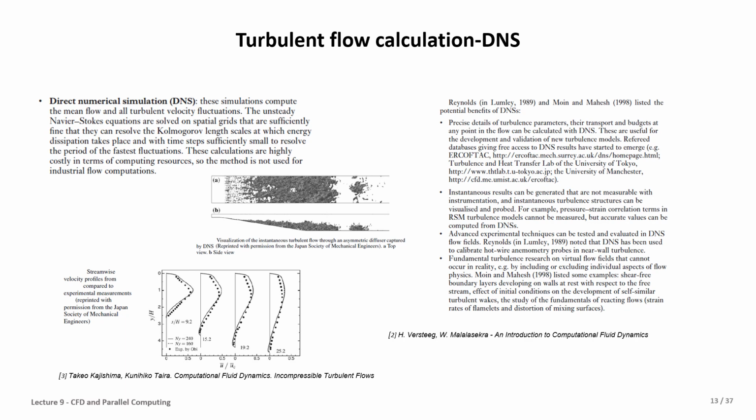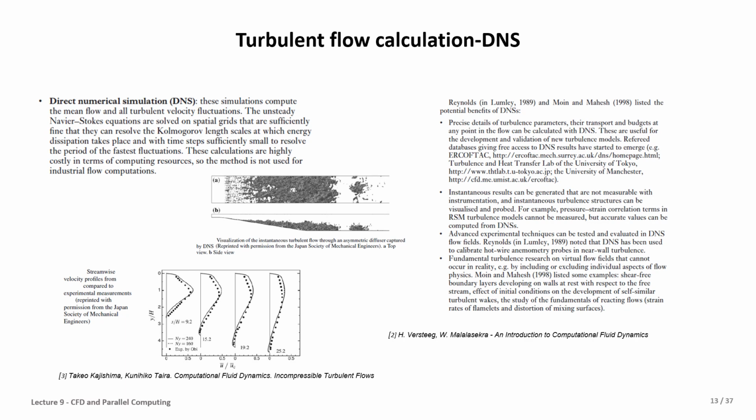And then in turbulent flow calculation from computational fluid dynamics, the most powerful approach is direct numerical simulation, DNS. Indeed, in this simulation, the mean flow and all turbulent velocity fluctuations are calculated.